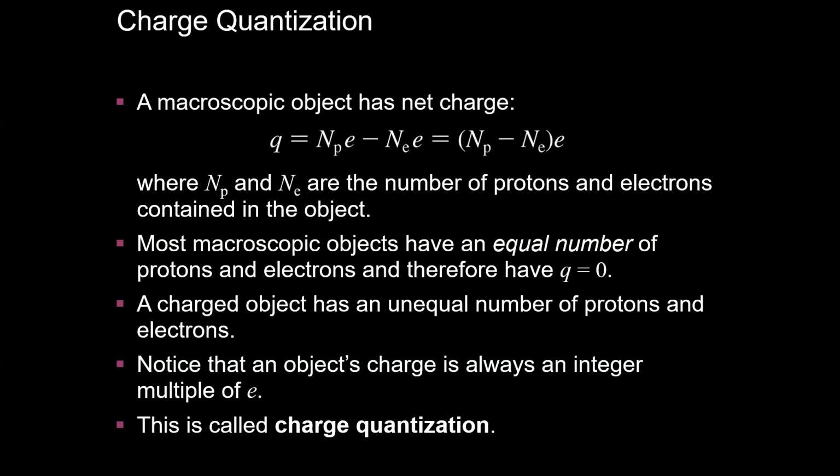So the charge of an oxygen nucleus is 8 times 1.6 times 10 to the negative 19 coulombs, but that is added to the negative 8 times 1.6 times 10 to the negative 19 coulombs, and that cancels out.